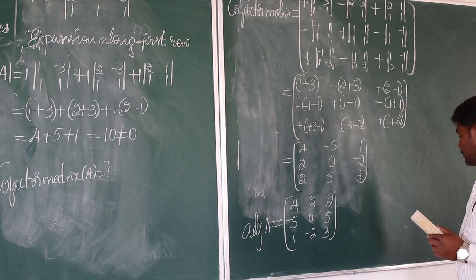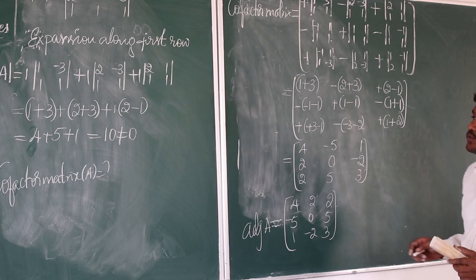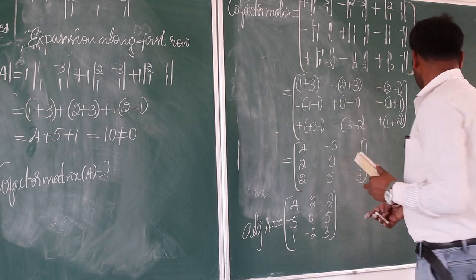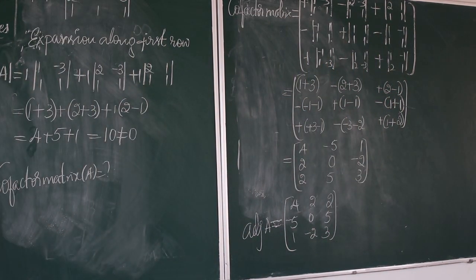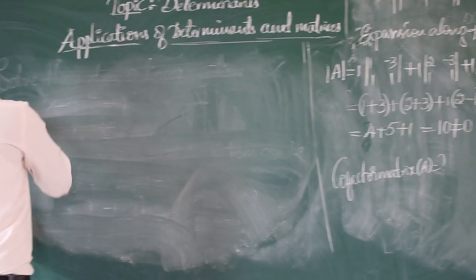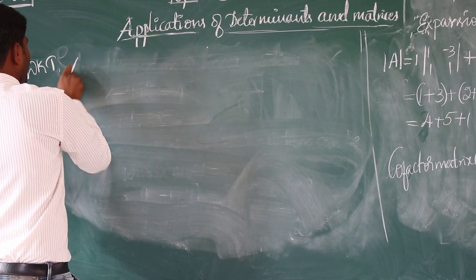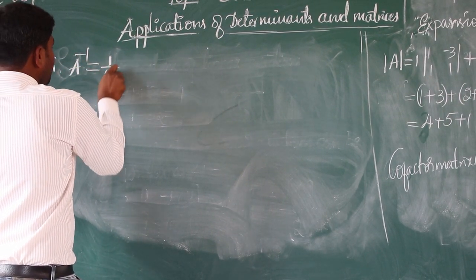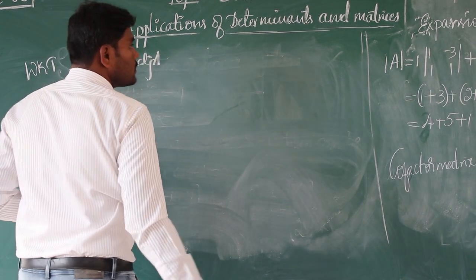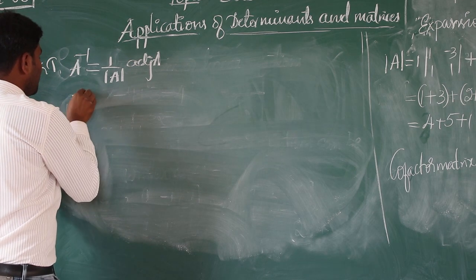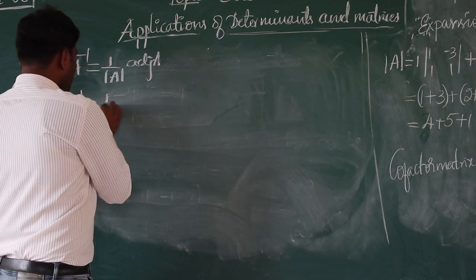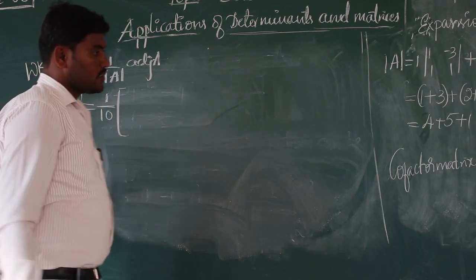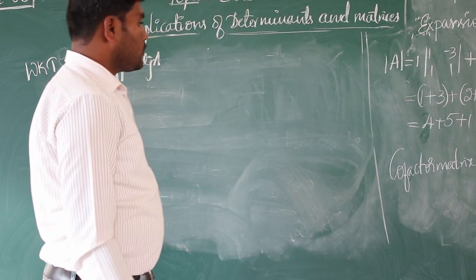So now the inverse of the matrix is given by A inverse equals 1 by determinant A into adjoint A. Here the determinant of A is 10, so 1 upon 10 into the adjoint of A. First row elements 4, 2, 2.